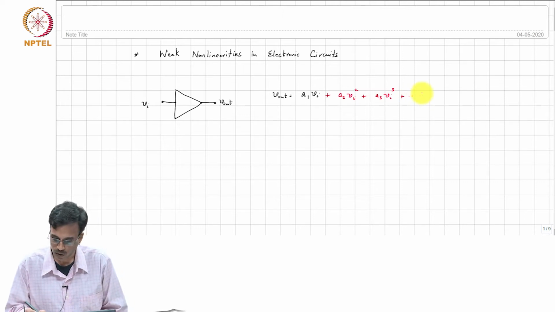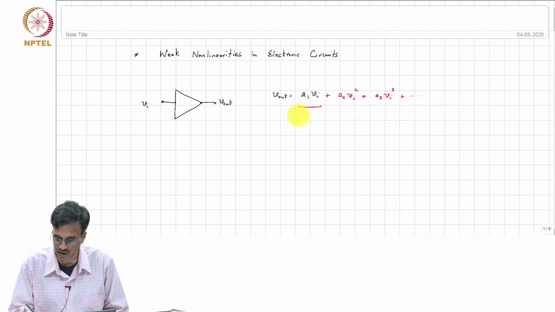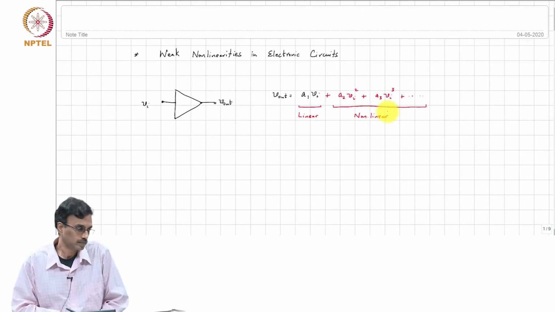So, this is the, within quotes, linear term, and these are all nonlinear terms.